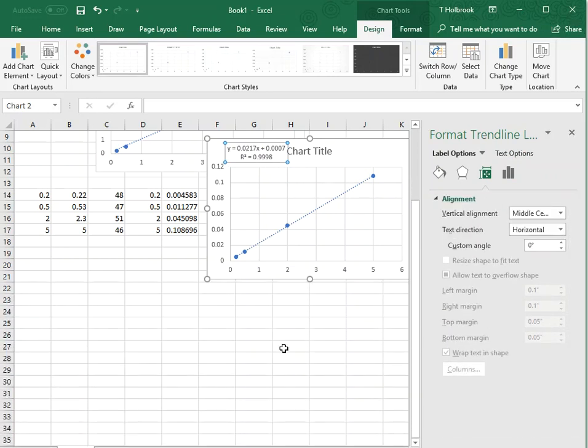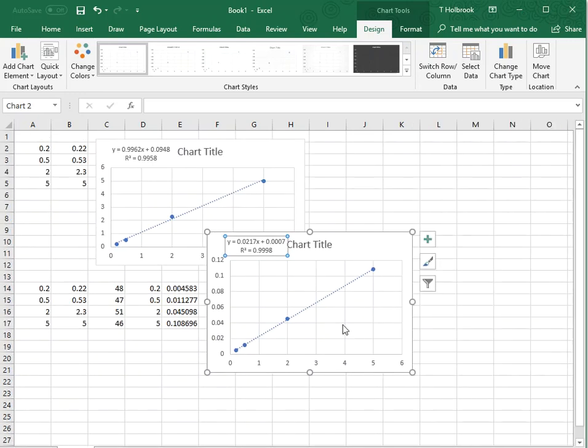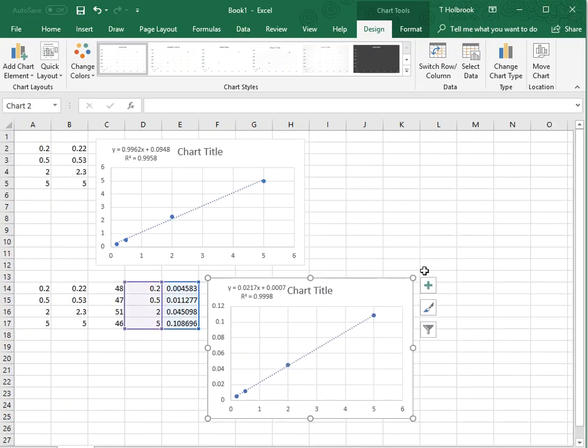Now, I want to compare these two graphs. This one was done without the internal standard. This one was done with the internal standard. First, the equations are not going to be the same. This used a raw signal from the data sheet. This used a ratio from the data sheet.